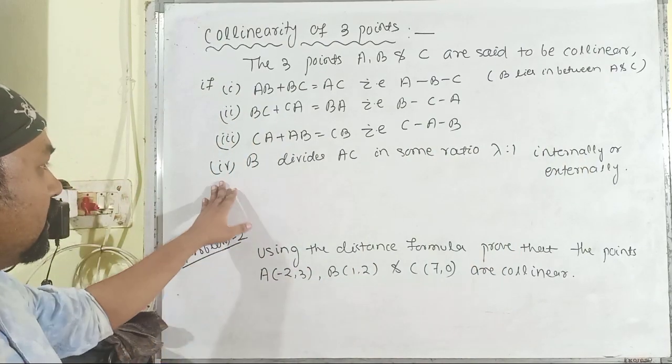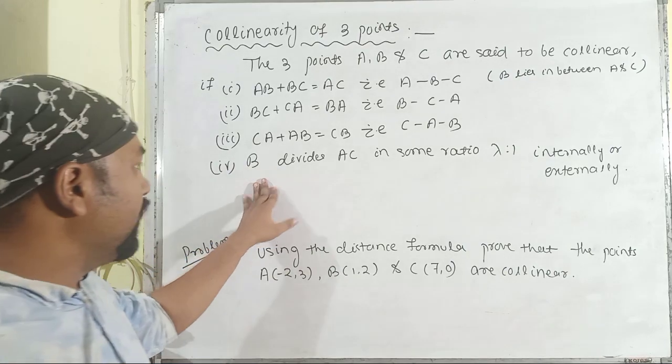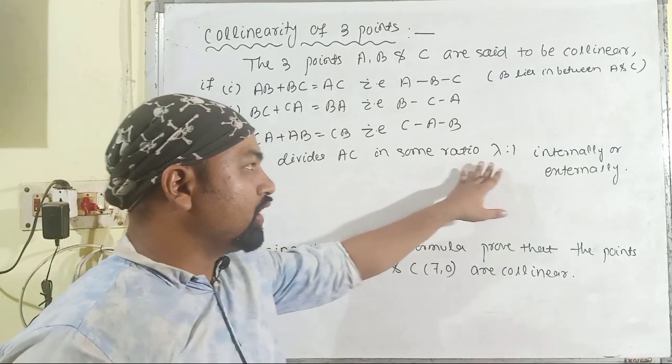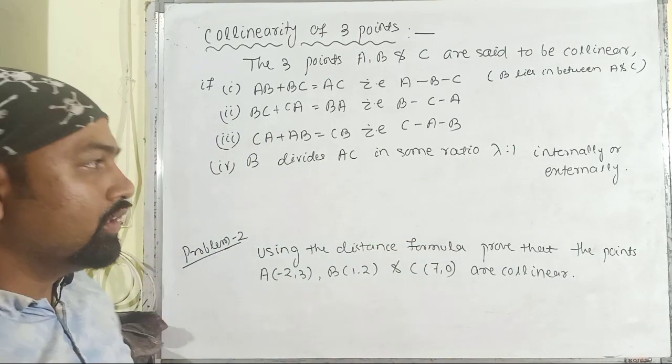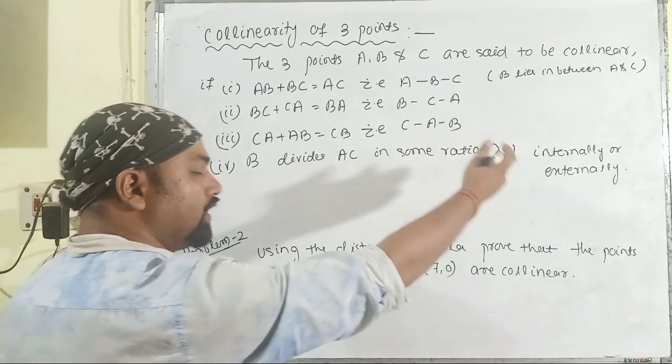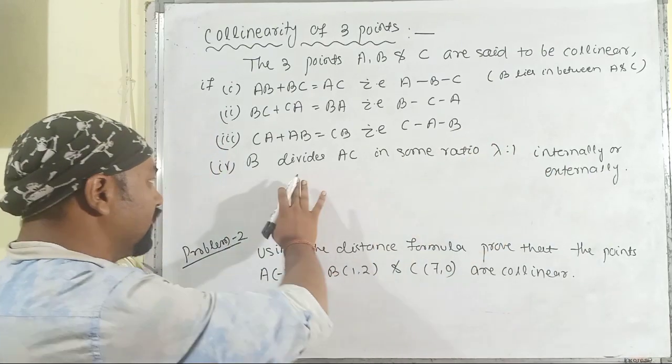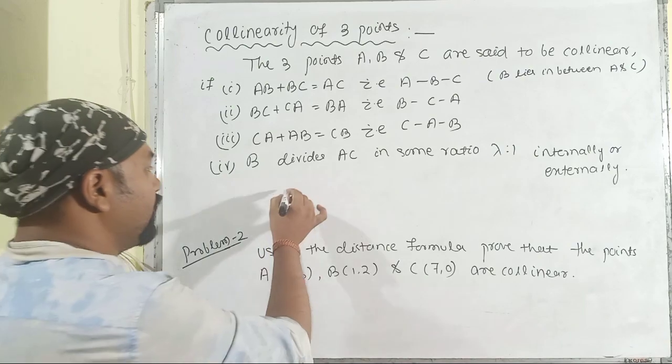The fourth case is there, B divides AC in some ratio lambda is to 1. Then also we can say that either it is internal or external.